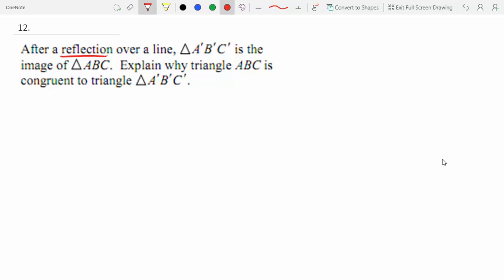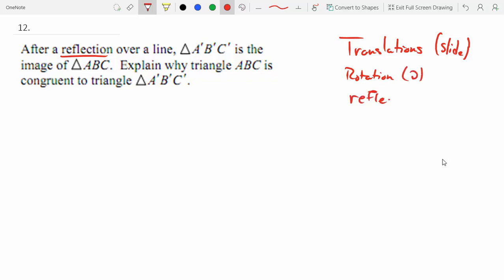It says after a reflection, that's one of those transformations, and up to this point we know translations, which is slide, rotation, which is like a spin, and we also know a reflection, which is a flip, okay? So they're telling us, look, after a reflection, you're going to get this image, that A prime, B prime, C prime, and it came from this original one, that ABC.